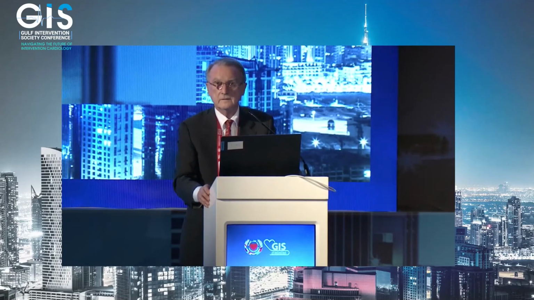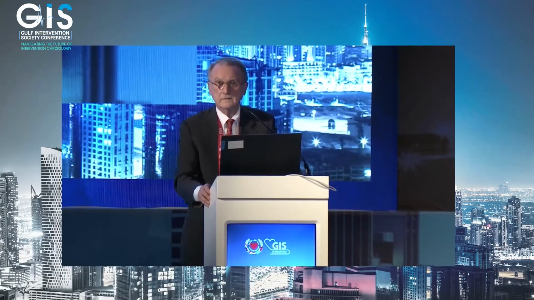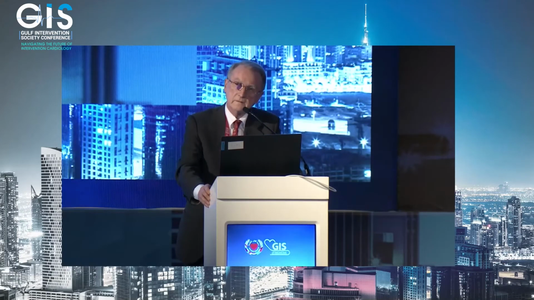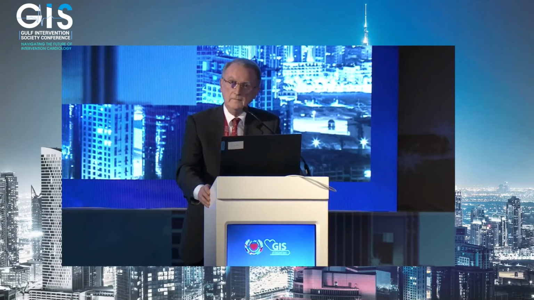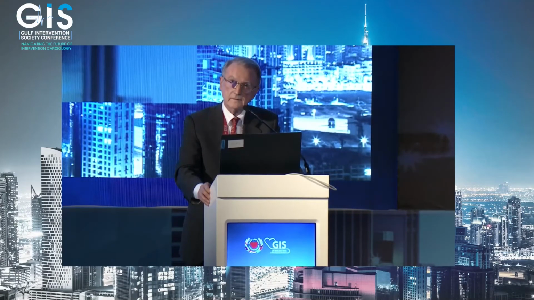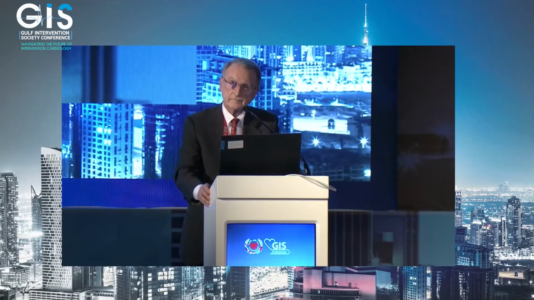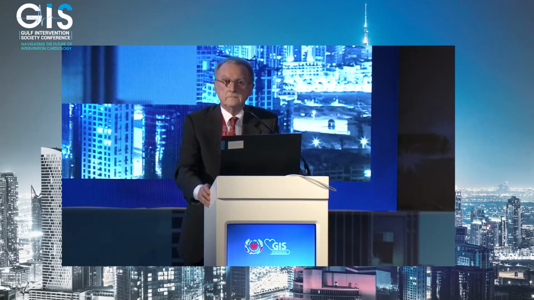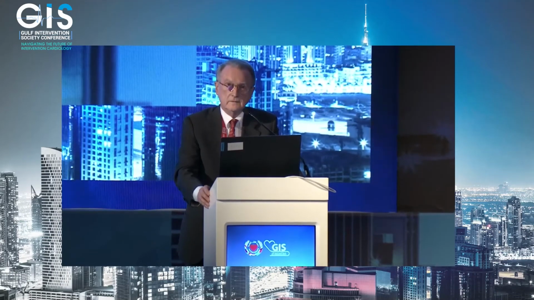My comment is that I've noticed lately that using a scoring balloon instead of NC balloons has reduced the chances of two things: one is dissection, two, recoil. As I've continued to do it, I've seen much less evidence of dissections and recoils, to the degree that I'm more encouraged to use drug-eluting balloons only after using scoring balloons, and it has now become a de facto approach. What would be your take on that?